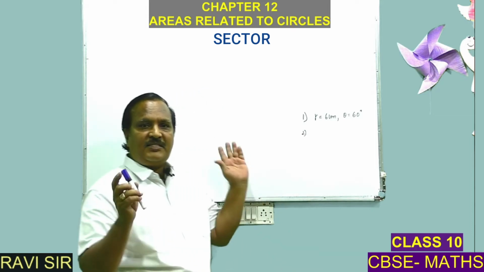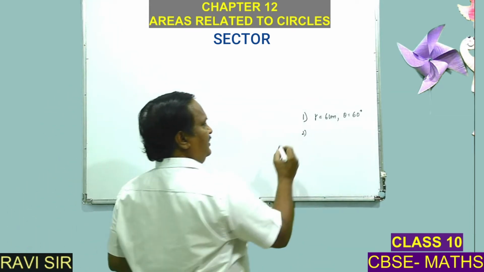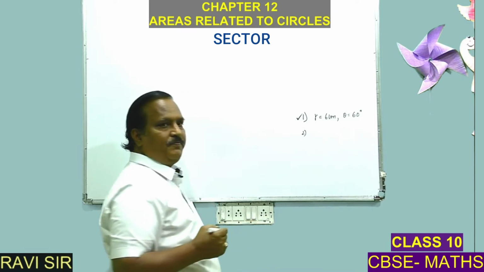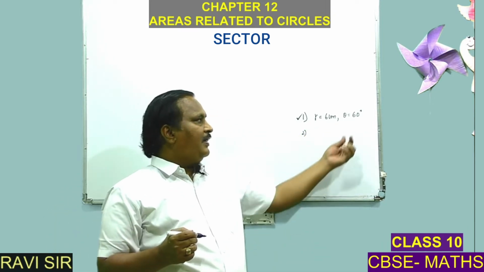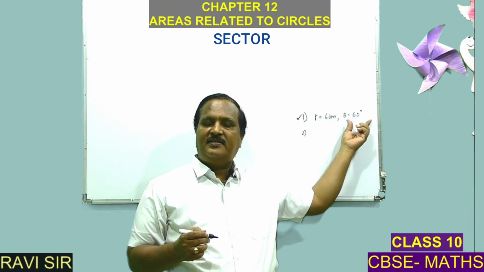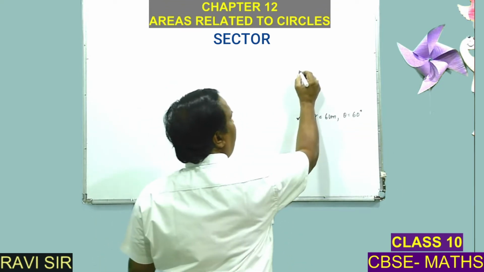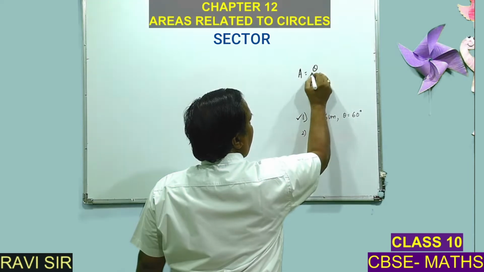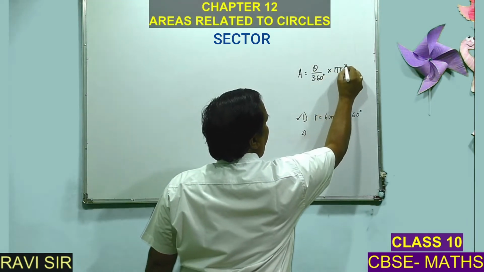Now, first let me explain the direct question. So, let us say the first question: the radius of the sector is 6 centimeters and the angle of the sector is 60 degrees. Find the area of the sector. It is a direct problem. Let me write area here: theta by 360 into pi r square.